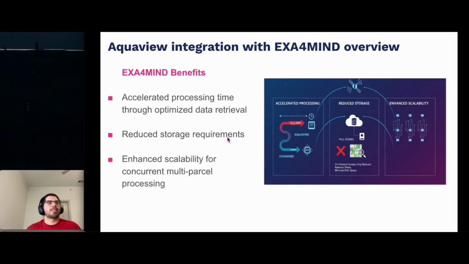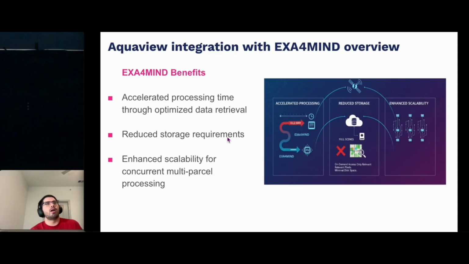The EXA4MIND benefits could be summarized into these three, basically. If we take the cloud optimized geotiff concept and we somehow integrate it into the satellite imagery pipeline, we can see these benefits, such as the acceleration of the processing time through optimized data retrieval.